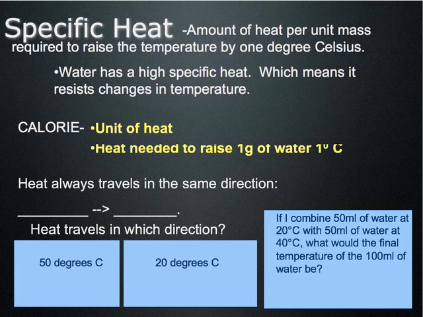In this device you have a thermometer and some water. Basically you measure how much the temperature of the water changes, and that tells you how many calories are in that Tootsie Roll. If this had 100 calories in it, that would be enough to raise 1 gram of water 100 degrees Celsius.